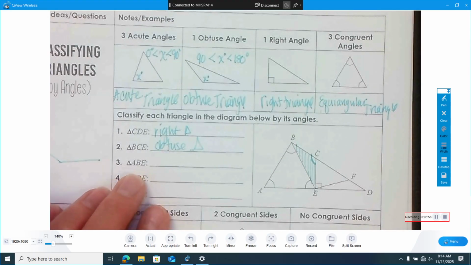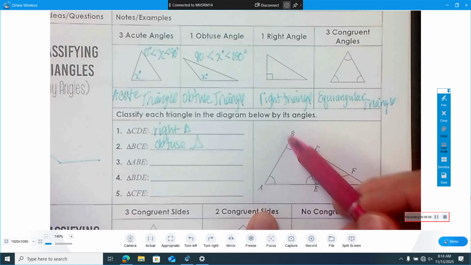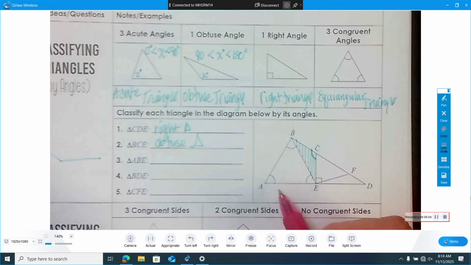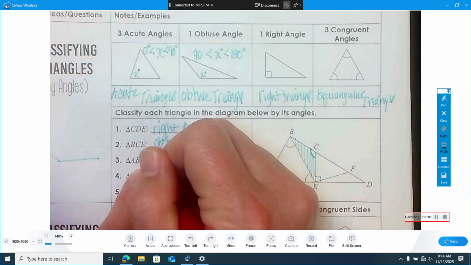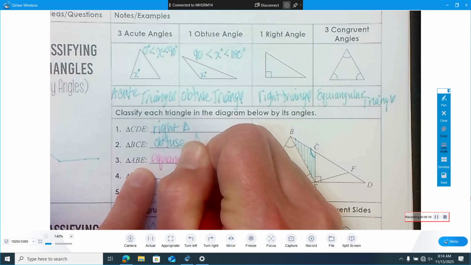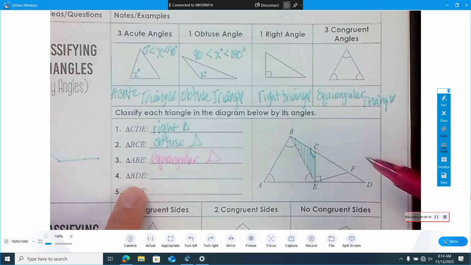All right, triangle ABE right here. Equiangular. Very good. We have 3 congruent angles, so it's an equiangular triangle.